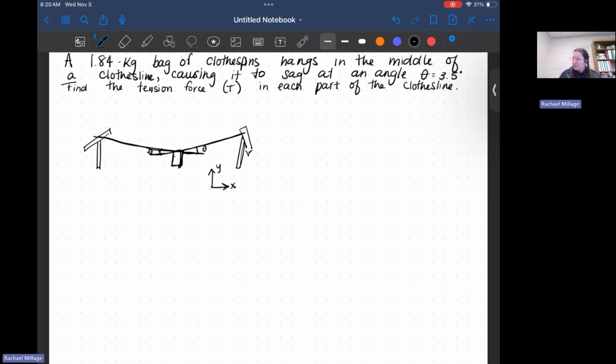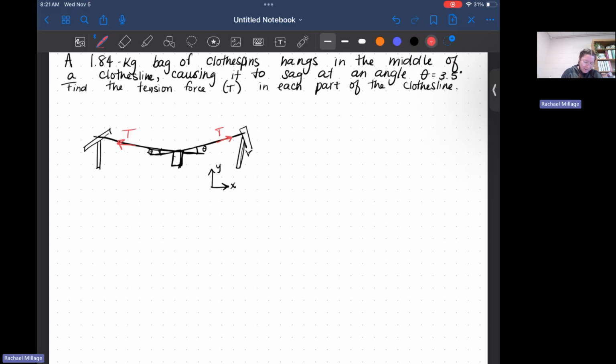Okay. Now what do you think we have to do next? Hopefully you're thinking, we probably need to split the force up into an X component and a Y component. You would be right. Because tension is going to be, let me do this in a different color, running along the clothesline like this.